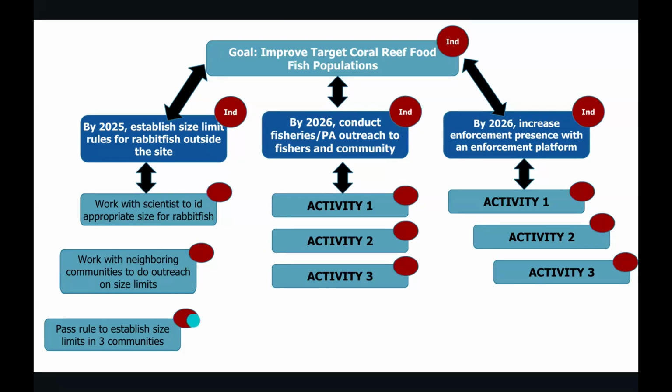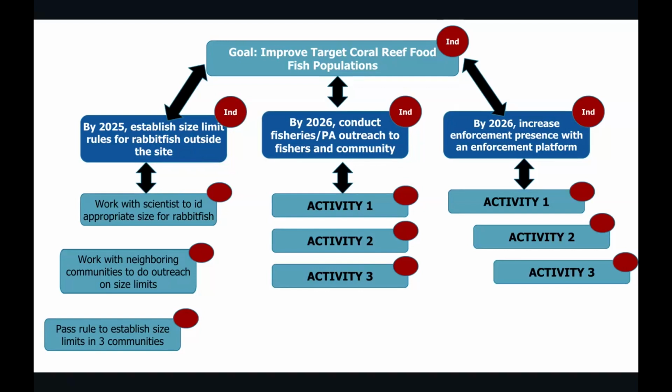And these red dots indicate that you can track your progress. Have we worked with scientists and ID'd the appropriate size? Like, check, we know we've done that. We know we're making progress toward this objective. If you write your objectives smart, you've kind of built in your measurement.